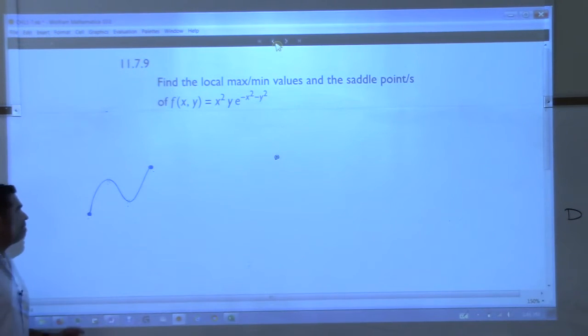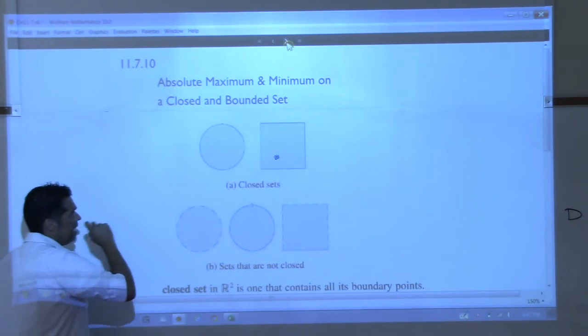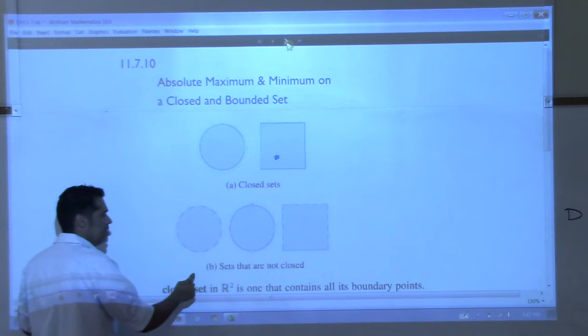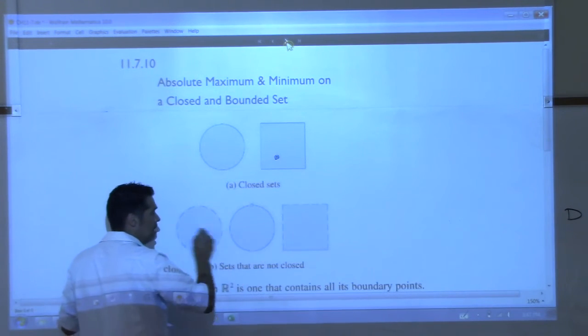But here, with functions of several variables, if we go and try and talk about a closed interval, we have kind of a different problem presents itself. So we first have to understand what we mean by a closed interval. It's not a closed interval anymore, it's a closed bounded set. So can you look at these diagrams here and see the difference between a closed set and that is bounded versus sets that aren't closed?